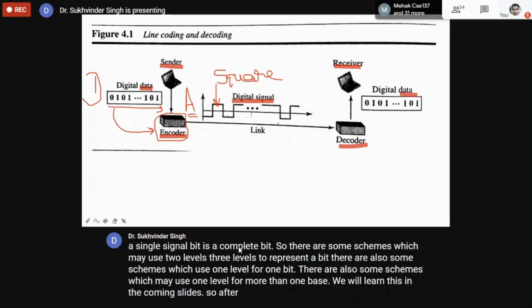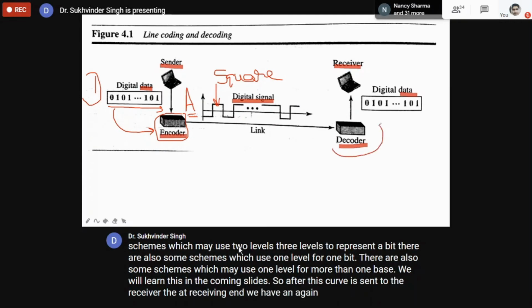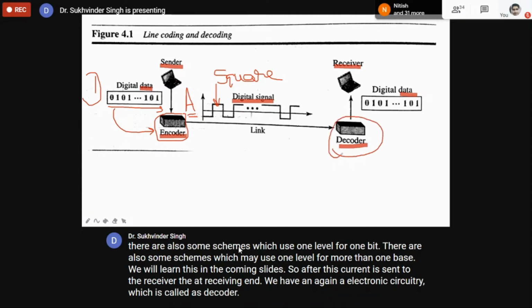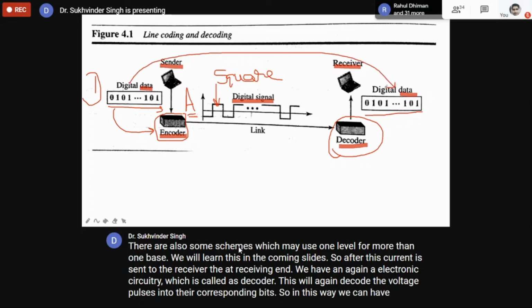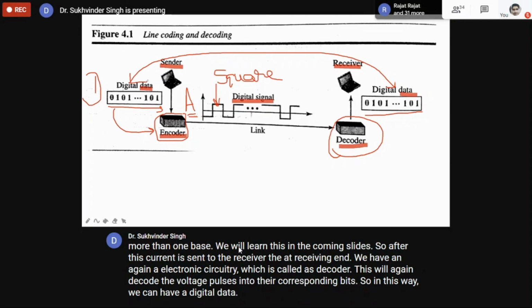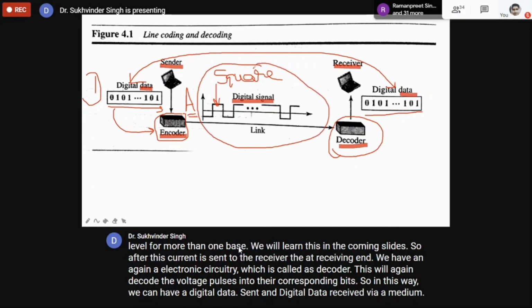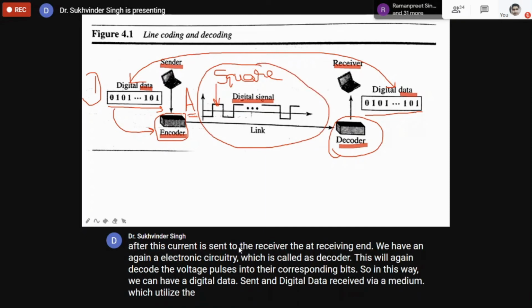After this curve is sent to the receiver, at the receiving end we again have electronic circuitry called a decoder. This will decode the voltage pulses into their corresponding bits. So in this way we can have digital data sent and received via a medium which utilizes the digital signal.